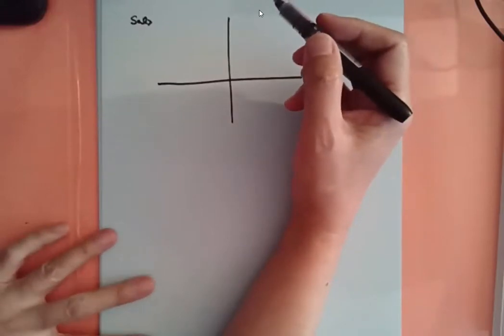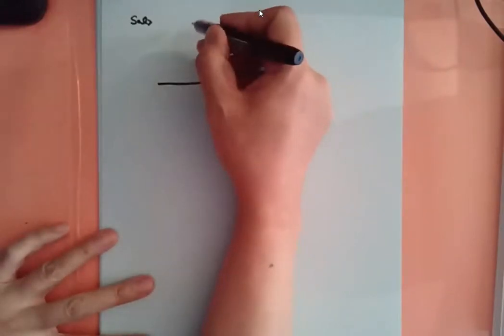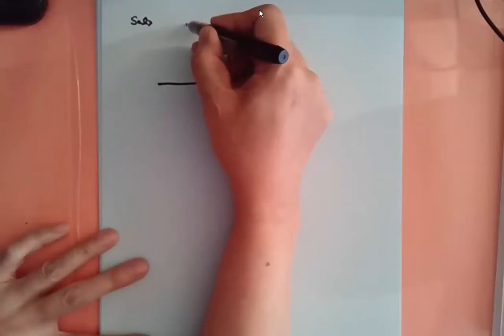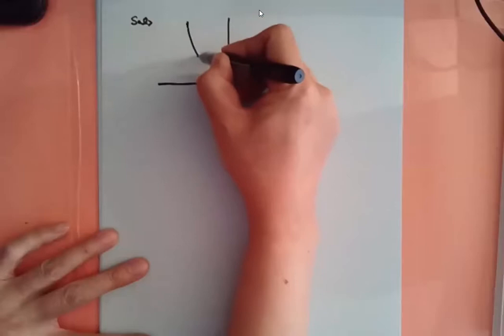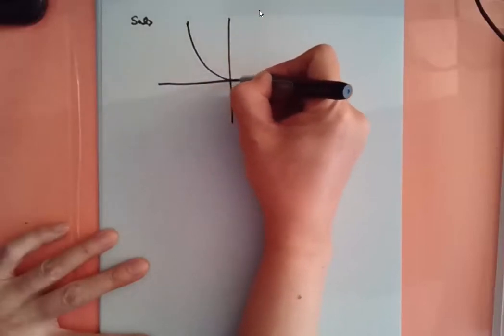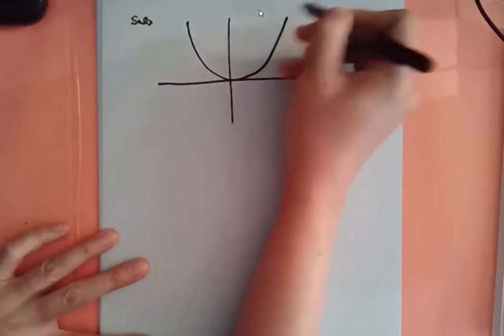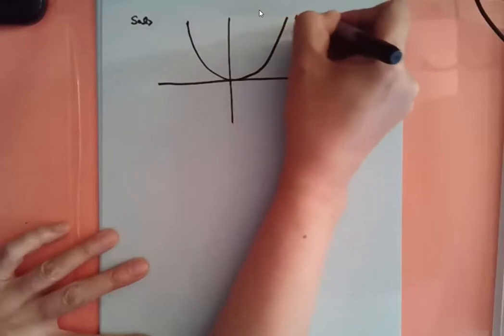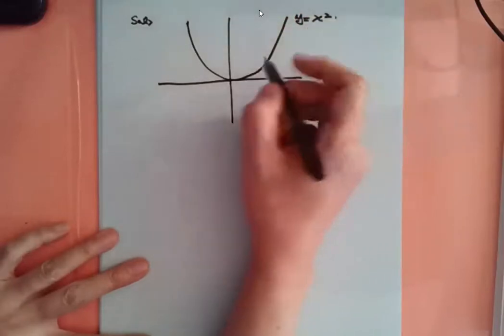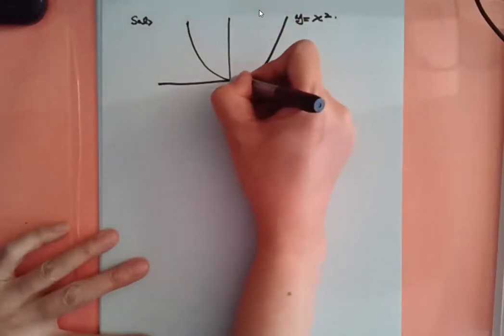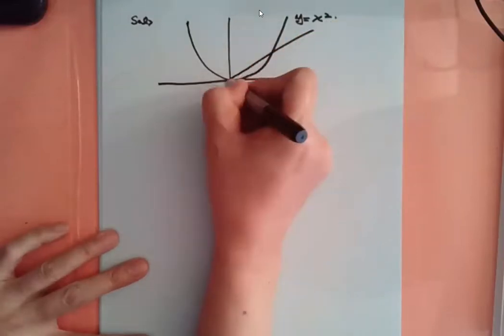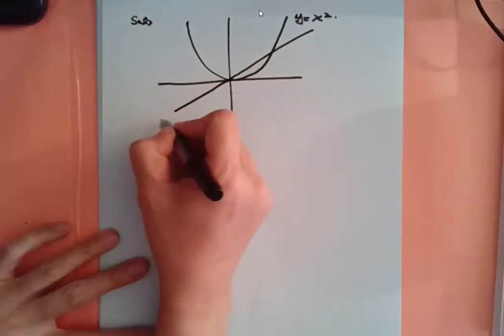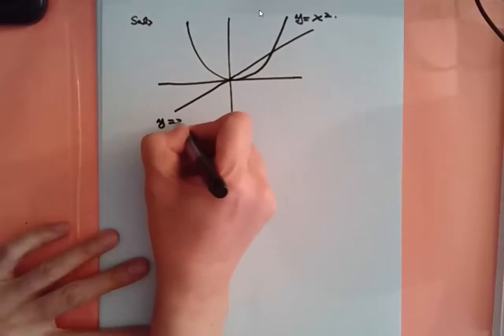One is y equals x and the other one is the parabola y equals x squared. And this straight line is y equals x.